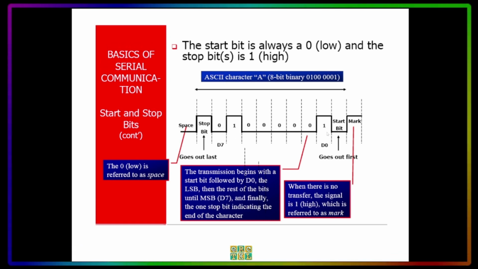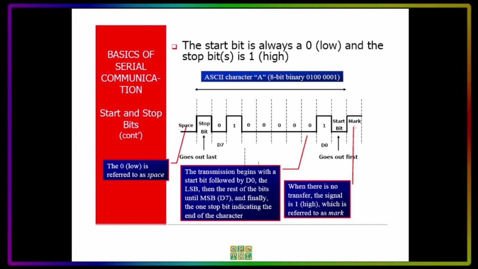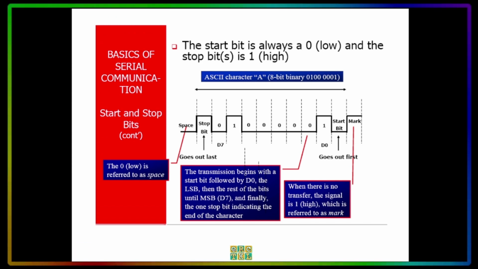But you will notice on the right side that there is what we call a mark, and this mark, or signal 1, is included in our sending of the character A. So character A will not be the only bits that will be transmitted. There's also a 1 and a 0 here on the right side.